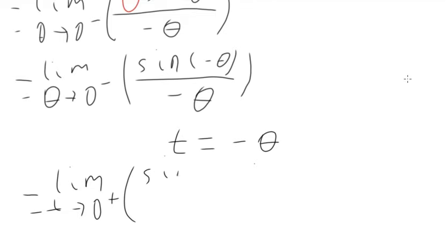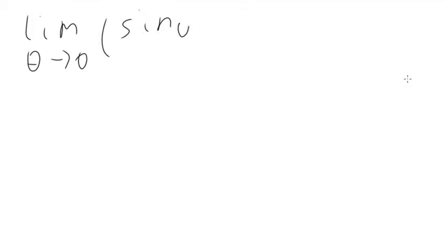We have sine of negative theta, which is just t, over negative theta, which is also just t. And we already figured this limit out. This right here is equal to 1. So because the left-hand limit and the right-hand limit are the same, our conclusion is that the limit as theta goes to 0 from both directions of sine theta over theta is equal to 1.